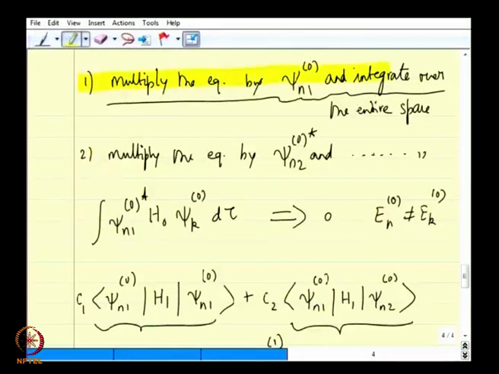First step, multiply the lambda term, coefficient term with psi n1.